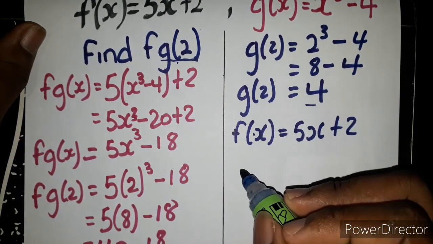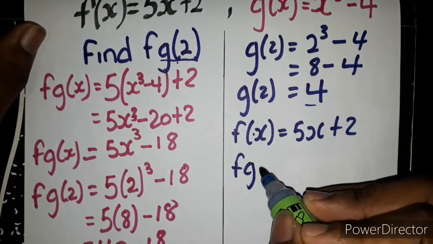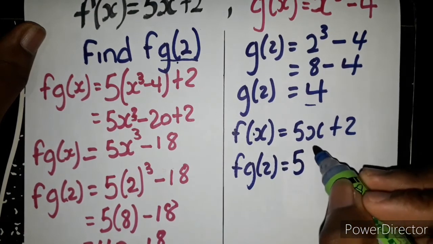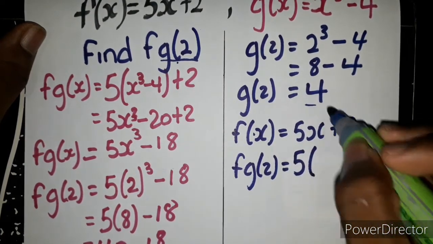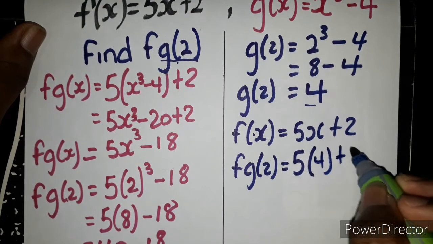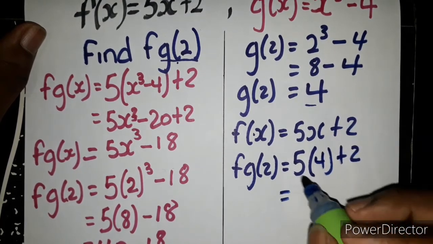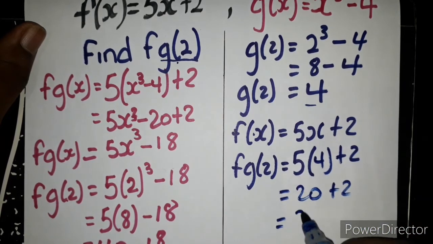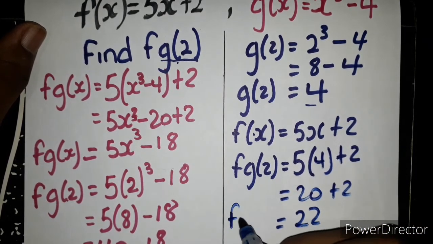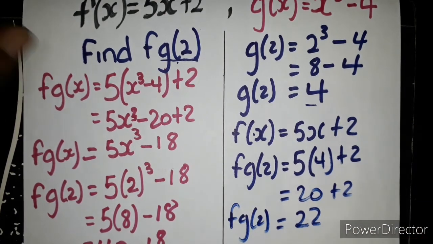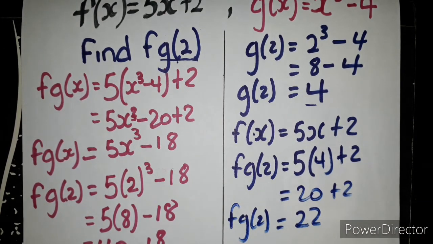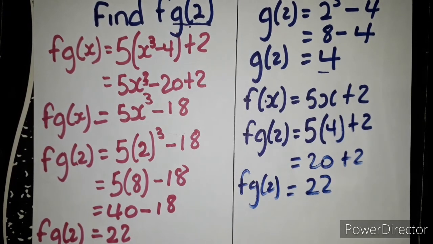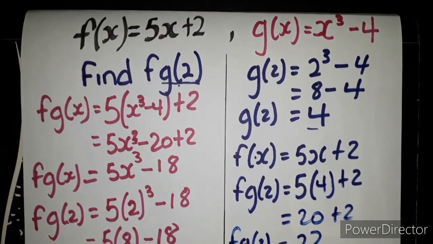So fg of 2 will be 5 bracket 4 plus 2. That will give you 5 4s is 20 plus 2, which will give you 22. So fg of 2 will be 22. Two ways you can decide how you want to do it. Composite functions.